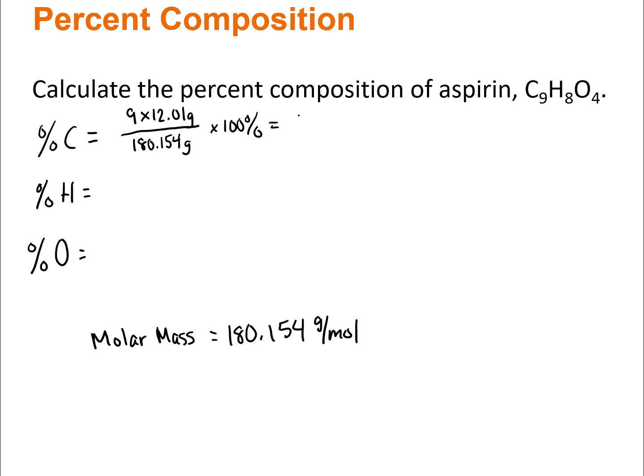So for carbon, you should get somewhere in the ballpark of 60%. There are 8 hydrogens. We do the same thing, and you should get somewhere in the ballpark of 4.5%. I'm rounding a little bit here, so your answer should be somewhere near there.